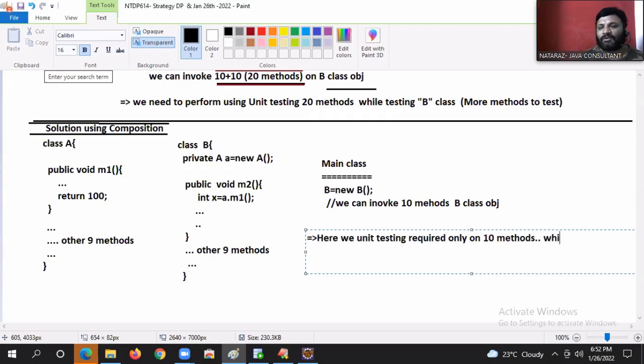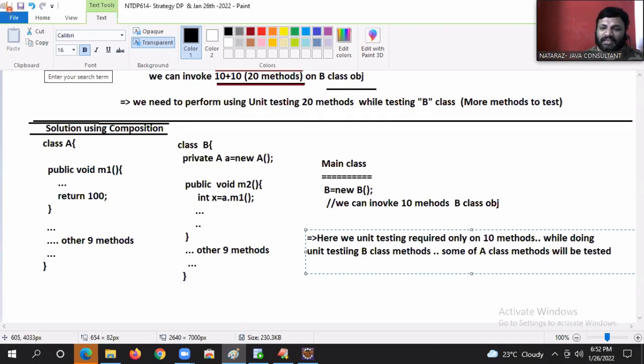While doing unit testing on B class methods, some of the A class methods also will be tested. Yes or no?